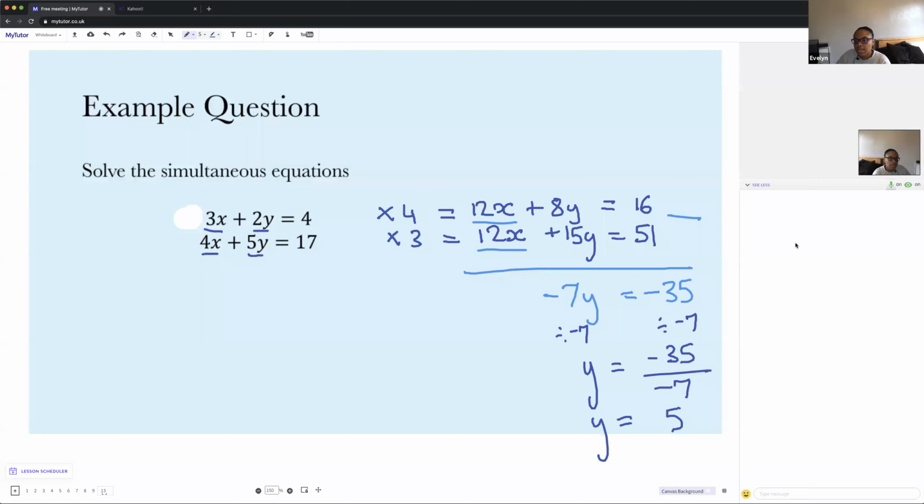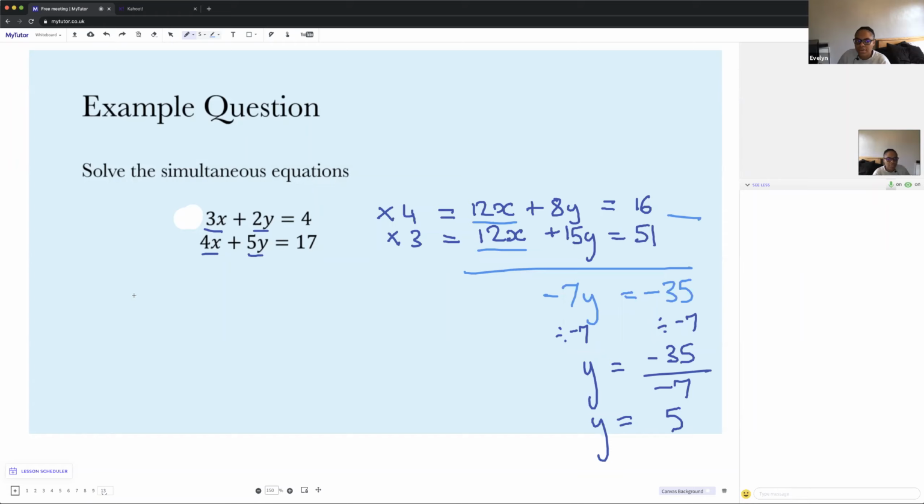So hopefully that makes sense to everyone. And then the next thing to do, always remember you're substituting in your value for x. So we're going to put in our value into the equation and work out what x is going to be.